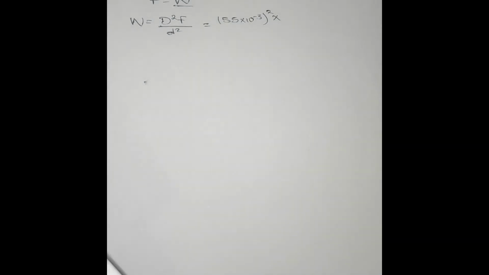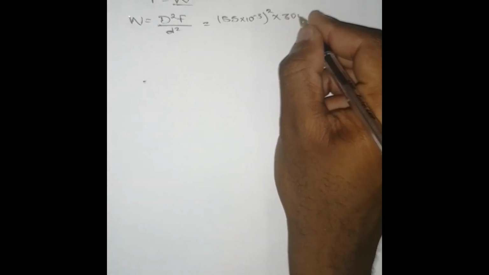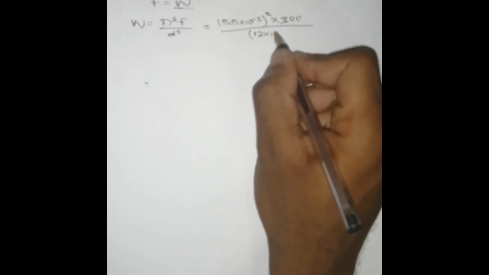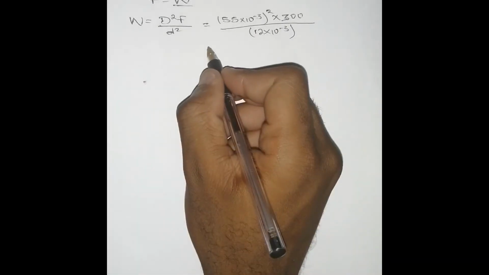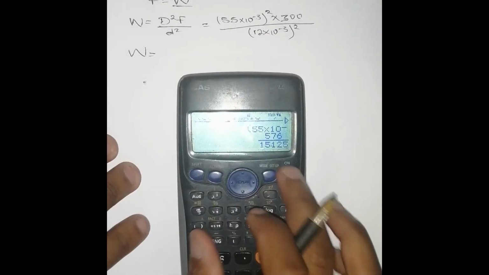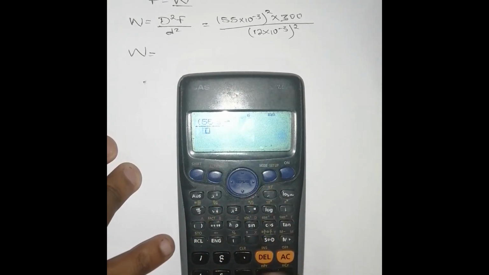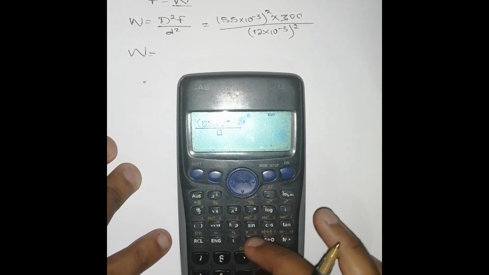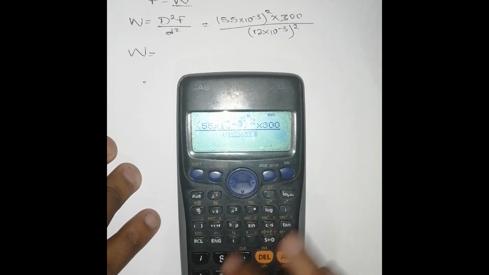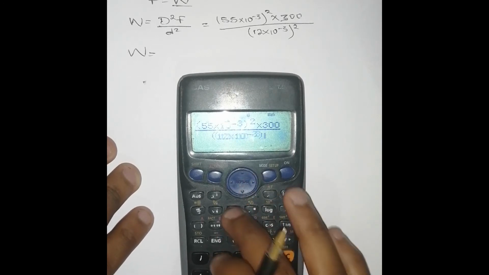Here they say the force applied to the plunger is 300 newtons, so it's 300, all over the diameter of the plunger, which is 12 millimeters, all squared. We punch this into the calculator: 55 times 10 to the power negative 3 squared times 300 over 12 times 10 to the power negative 3 squared.